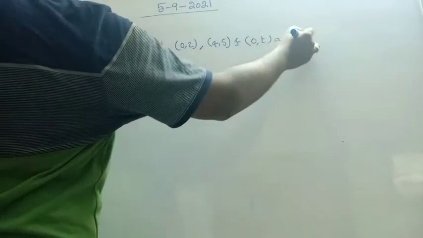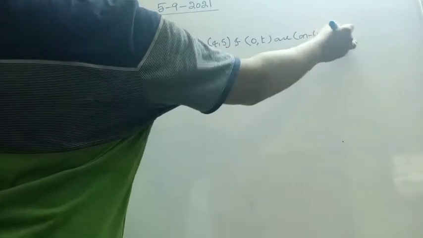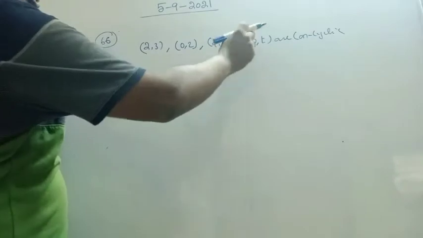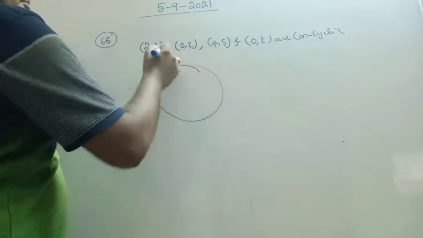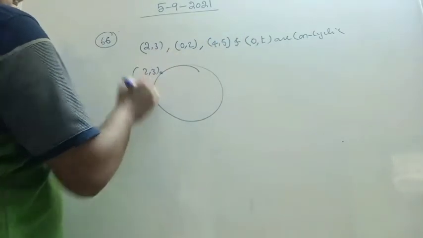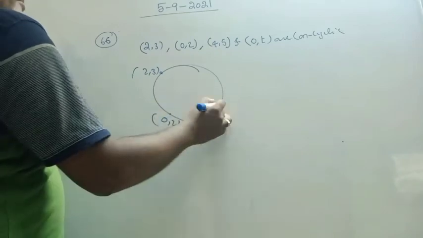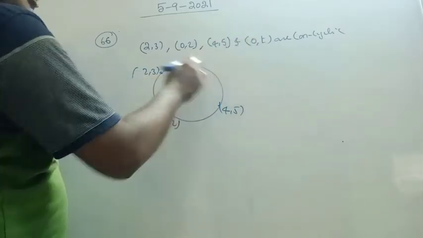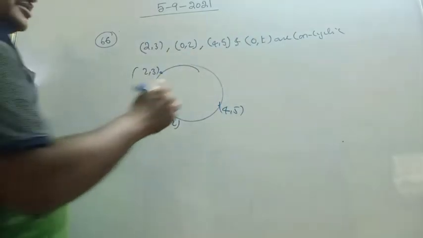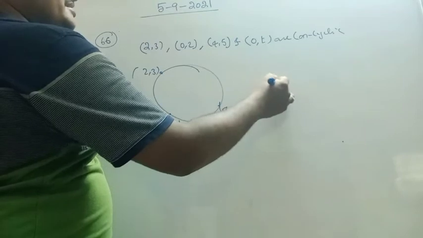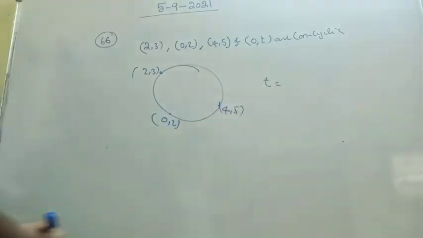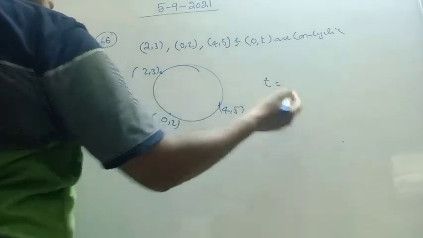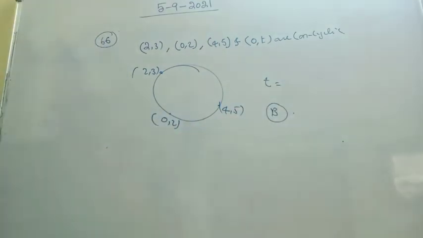With these 3 points, 2, 3, 0, 2, and 4, 5, you can find the equation of the circle. Now substitute the 4th point on this, and you will get the t value. That's it, my dear students. Therefore, for the 66th one, the answer is B.